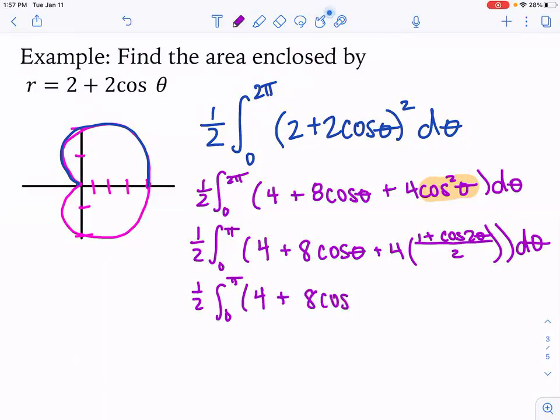Never know what I'm gonna do. So do you agree that the 4 and the 2 simplified to just 2? So we have 2 plus 2 cosine of 2 theta. Are we okay with that? Okay, what's the limit pi now?